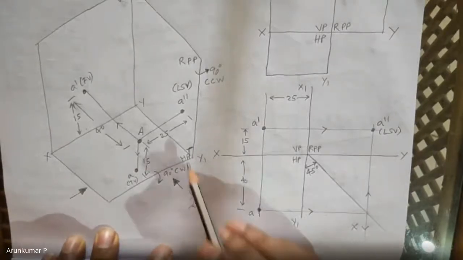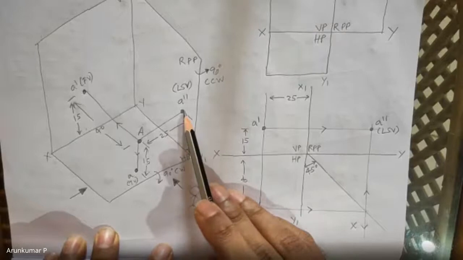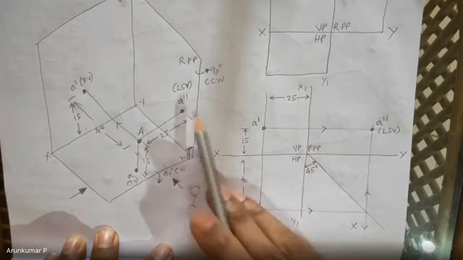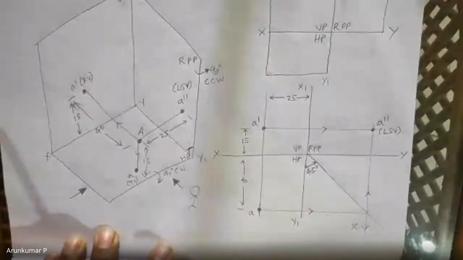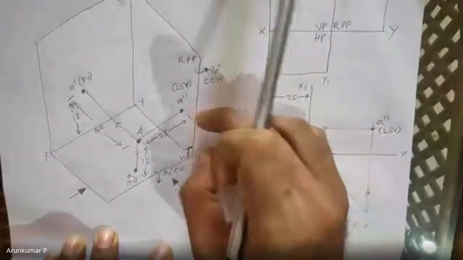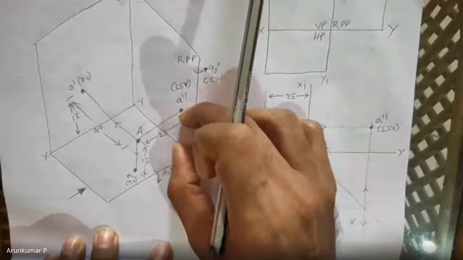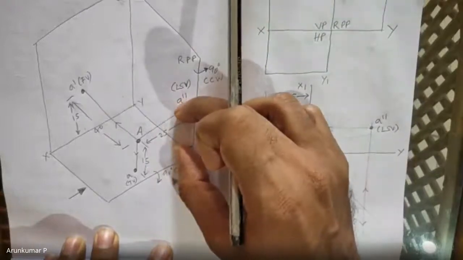Okay, now tell me, A double dash, the side view, is at what distance from the XY line, from this line? How much is this distance? 15 mm. Exactly, 15 mm.